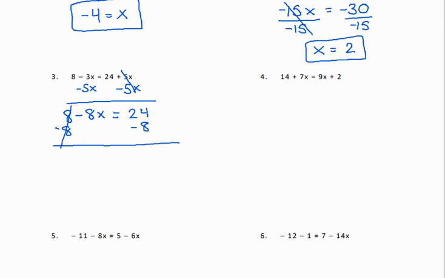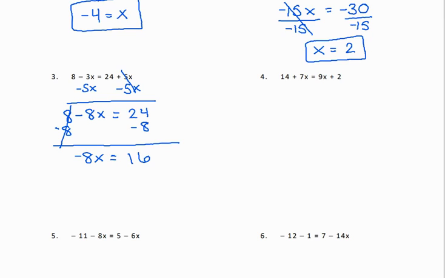So that 8 cancels, but I'm still left with the negative 8x. And then 24 minus 8 gives me 16. All right, Tim, to clarify now, to make sure you understood what you were asking before, what would my last step be?